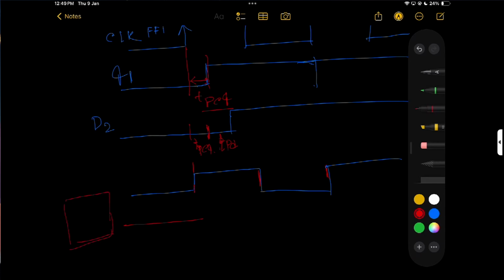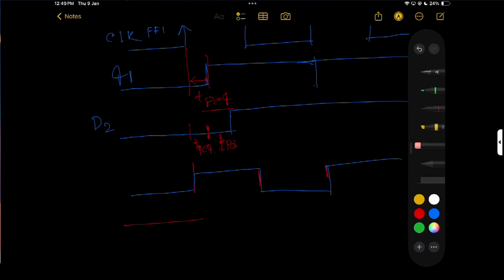Suppose this is some structure where this flip flop is here and this flip flop is here, but your clock circuit is this, and this goes to this circuit. This is the main problem: there is some delay that occurs between the two flip flops.